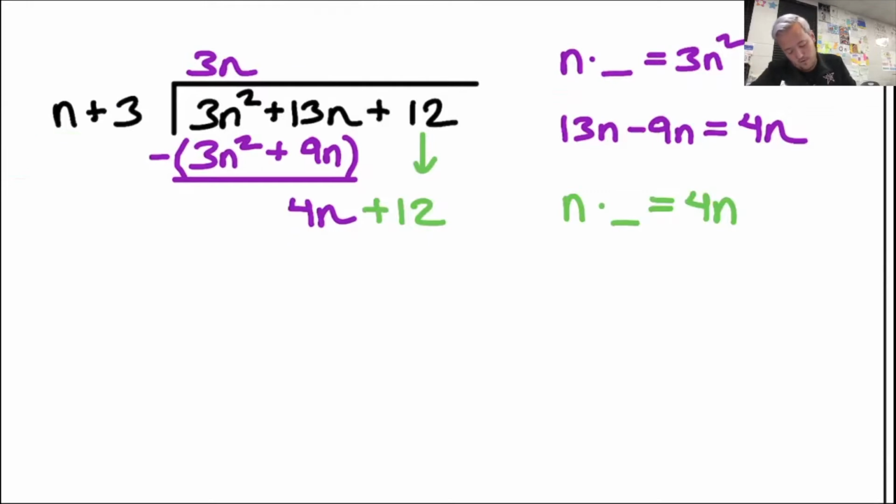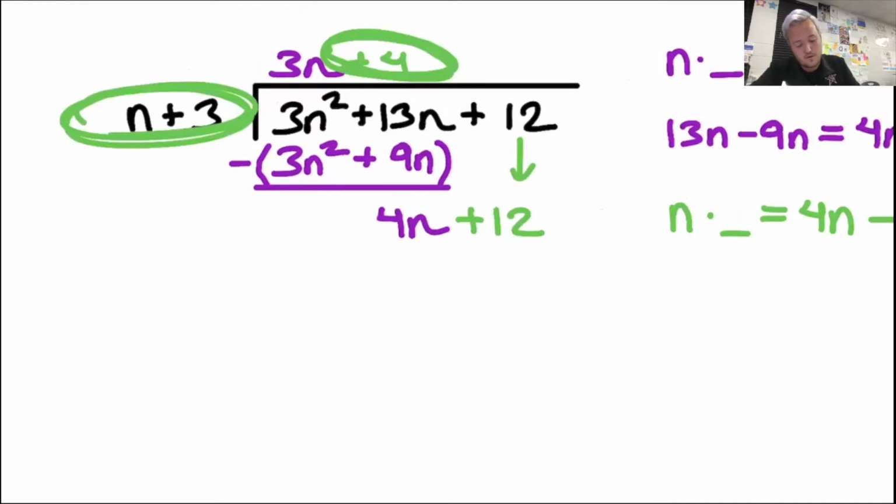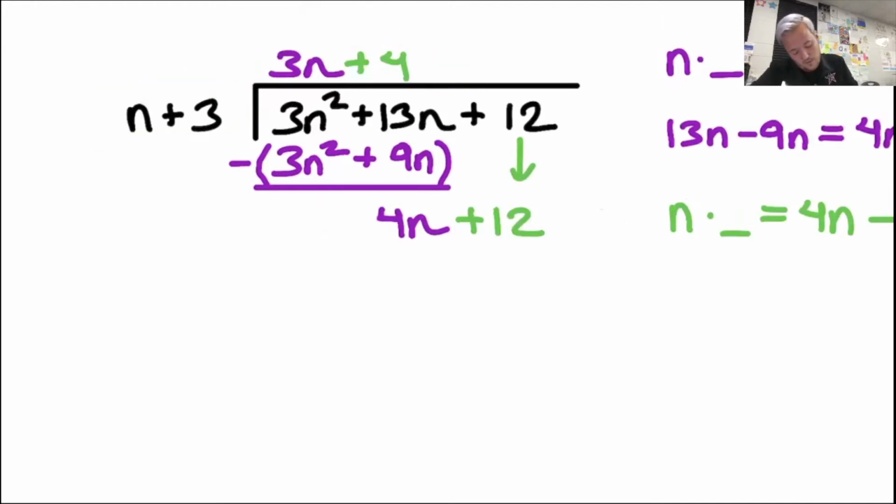What that's going to be is just 4, so I'm going to do plus 4 up here. Now I'm going to take this 4 and multiply it times n plus 3. So I'm going to have 4 times n, which gives you 4n, and then 4 times 3, which gives you 12.